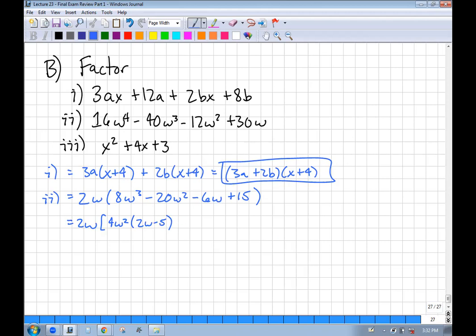If I pull out a minus 3, that'll give me the 2W, and it turns out I also get the minus 5 here. So I got the 4W squared and a minus 3, and they're both multiplied by a 2W minus 5.